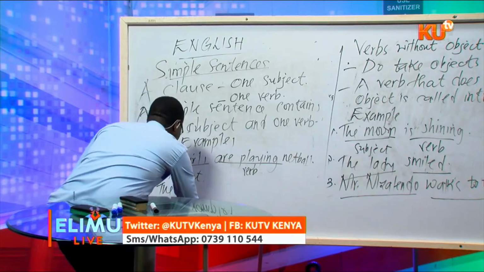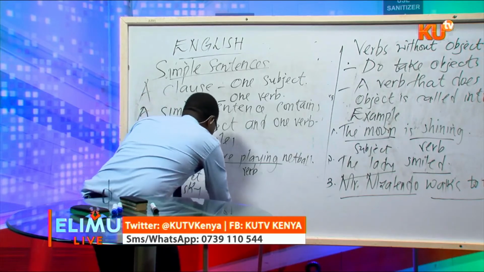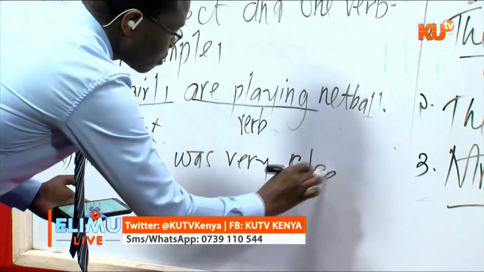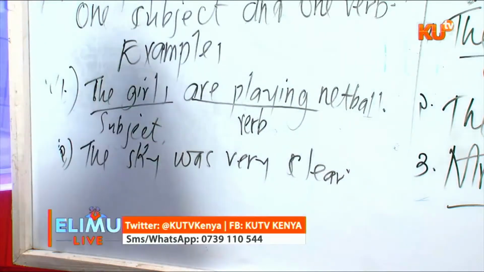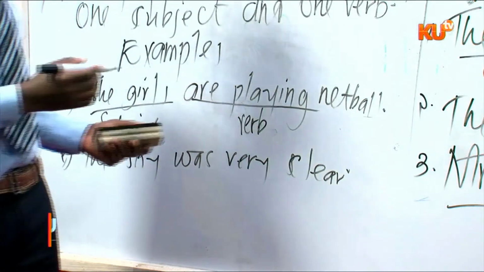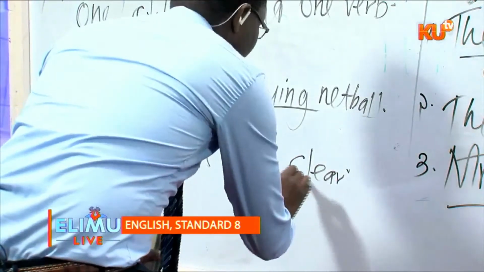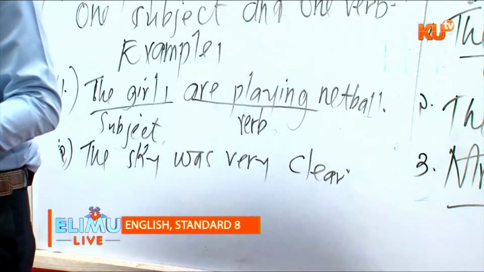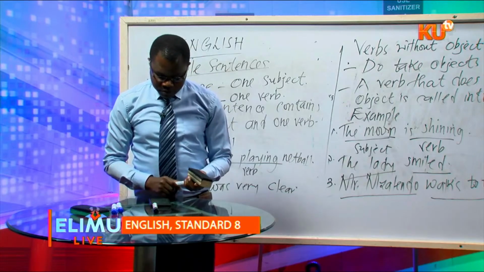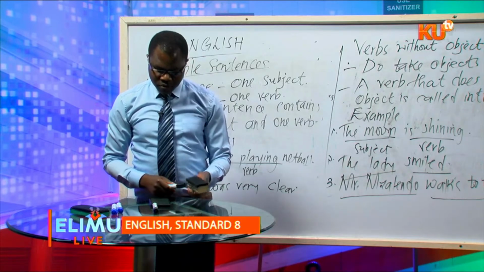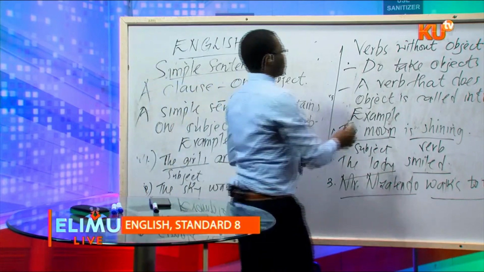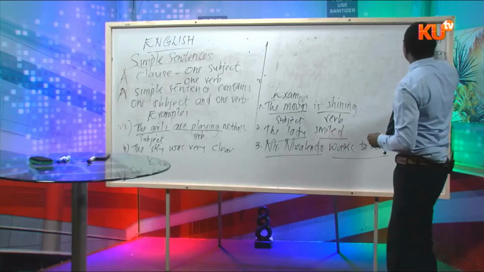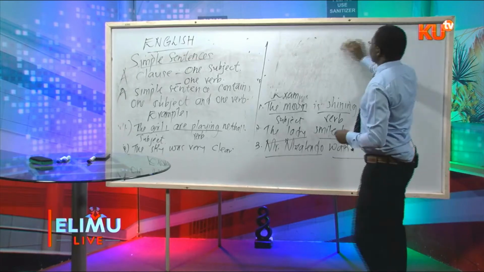Another simple sentence: the sky was very clear is another example of a simple sentence. One subject and one verb. Another one: will you help me? Will you help me is another example of a simple sentence.